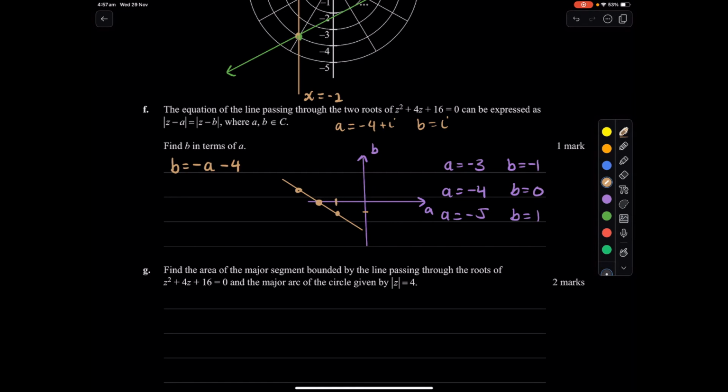If I subbed in a, so b is equal to negative 4 minus a. So negative 4 plus i minus 4, which will give us negative i. But we have positive i. So doesn't that mean that a has to be a conjugate?